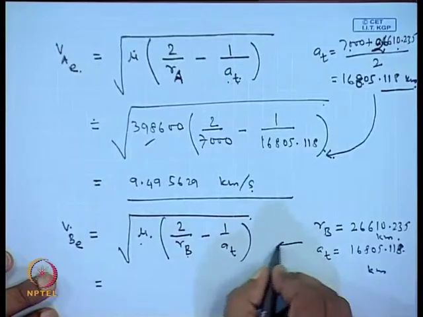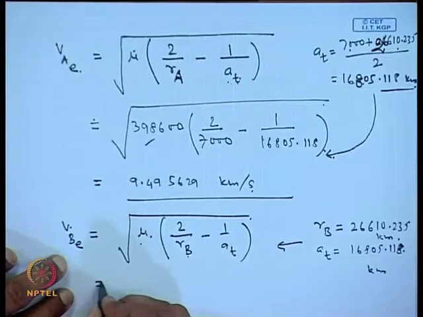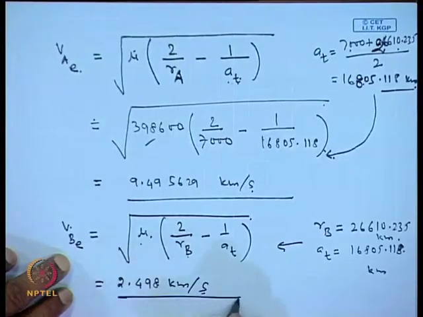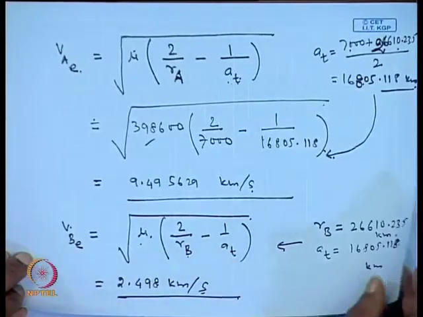So, inserting these values you can calculate this, and V b in the elliptical orbit is 2.498 kilometer per second.